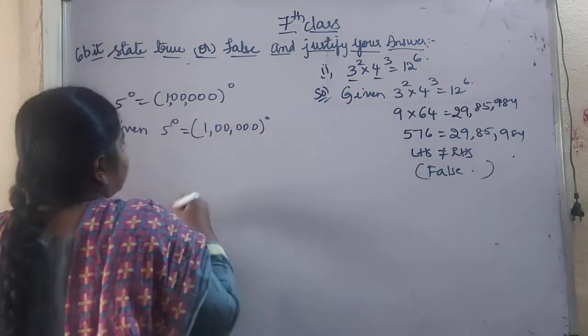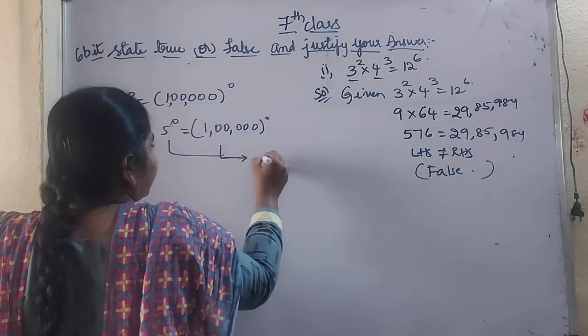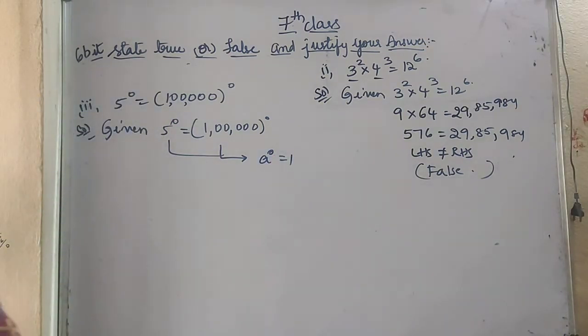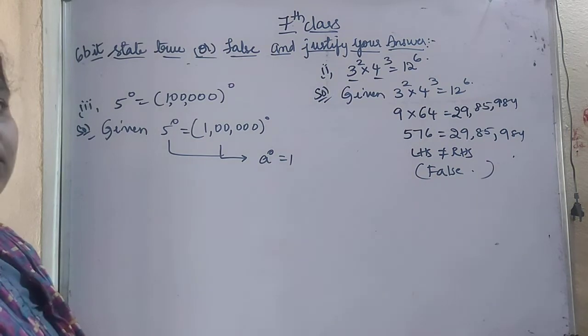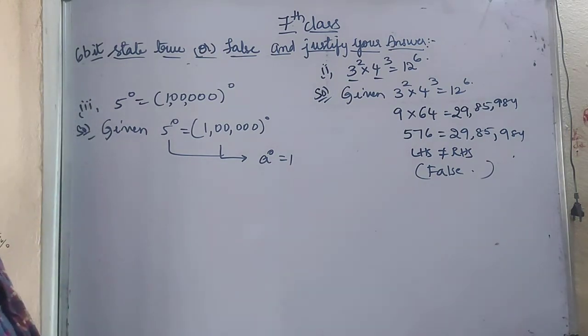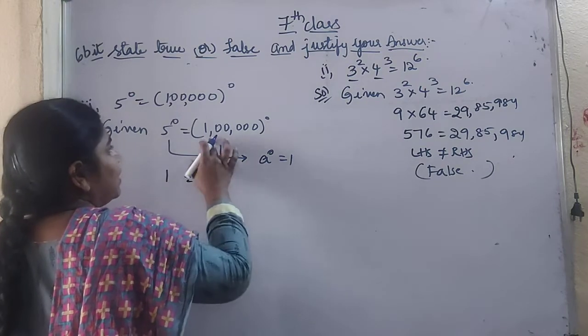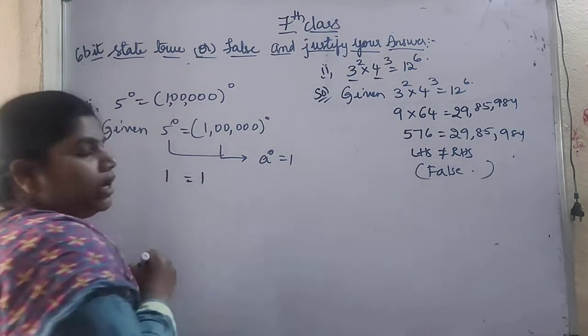For these two conditions, we can take a power 0 is equals to 1. a power 0 is equals to 1 means if the power is 0, the result will always be 1. So here we can write 5 power 0 as 1, as well as 10 lakhs to the power of 0 will be 1.